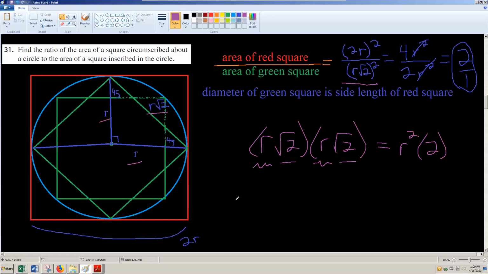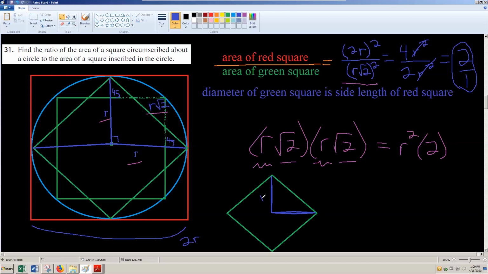Where is the r root 2 coming from? I'm a little confused. The r root 2 is coming from this triangle within the green square, so I'll isolate it for you. This is the green square, and then I drew my radii out. So we said this was r and this was r.